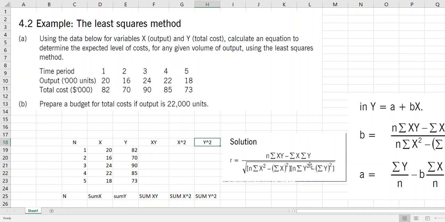Okay, so the first thing I've done is copied what is given here. So n, the pairs of data, is 5 pairs of data. I've written units here, I've written cost here. So the first thing I will do is sum this. So this becomes sum of x.